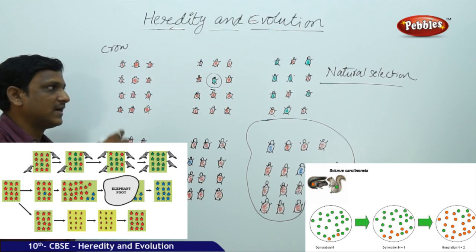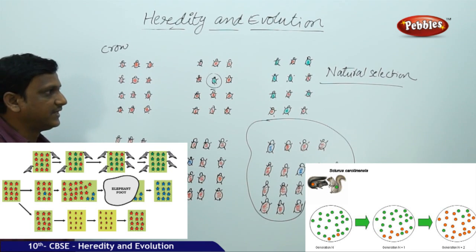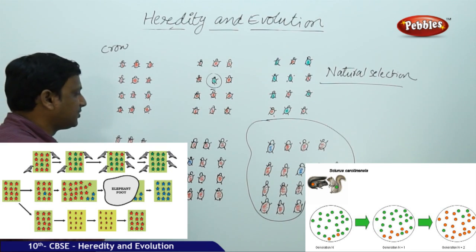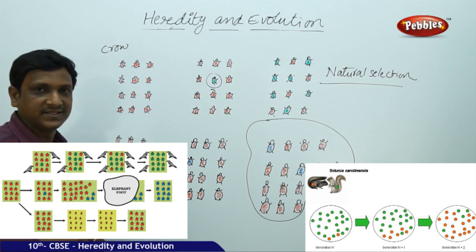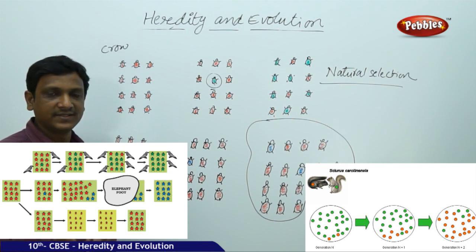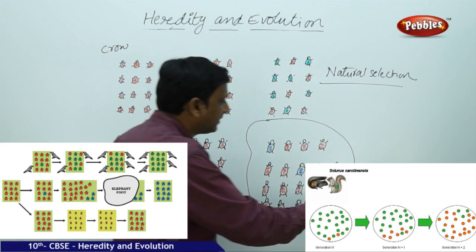So this is one way how evolution takes place, that means how the variations bring out differences in the populations. In the second situation, the variation is not advantageous. It is not helpful for the survival of the beetle. The blue color is not at all helpful for the survival of the beetle. But even then the blue beetles evolved.